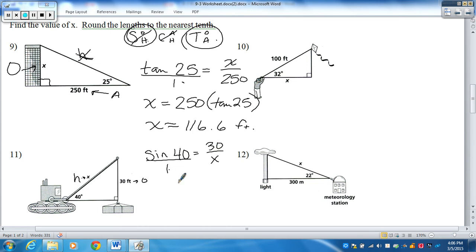If I cross multiply and cross multiply there, we get that. And then you want to go ahead and divide through by the sine of 40 to get x by itself.